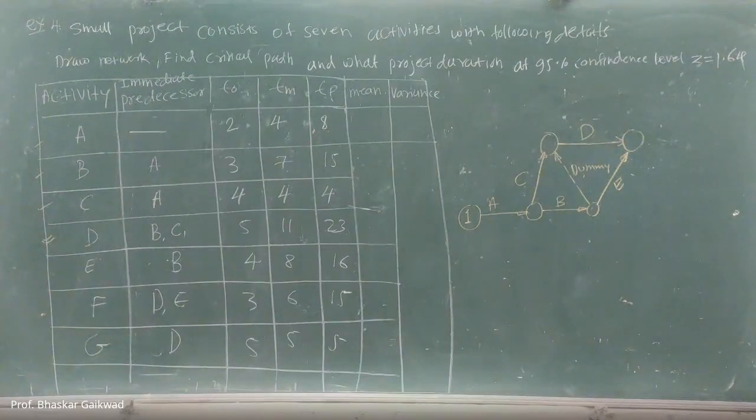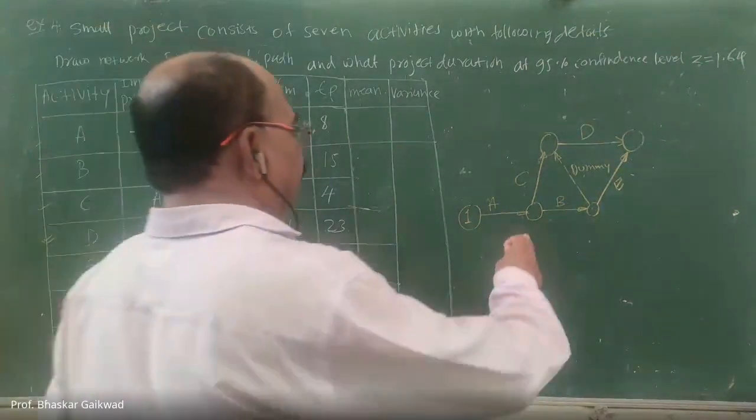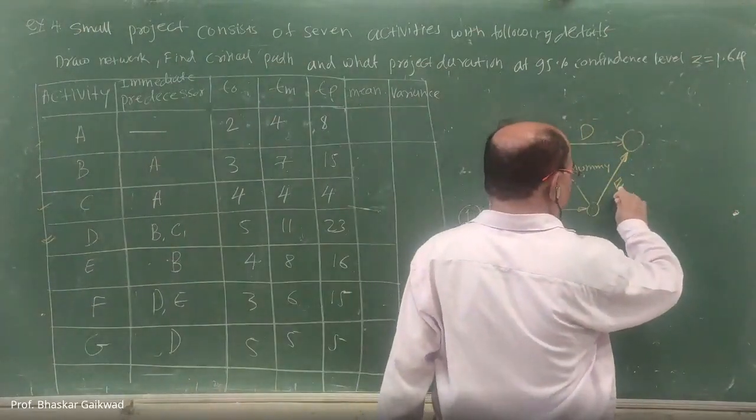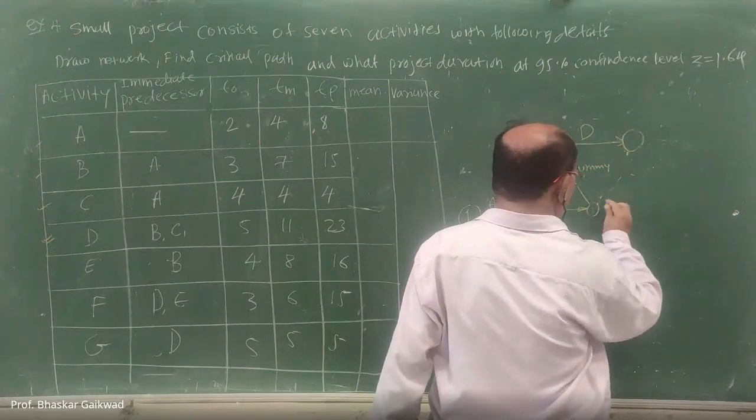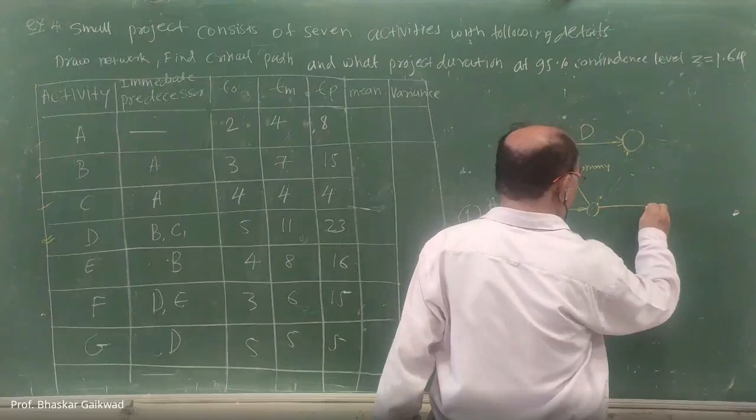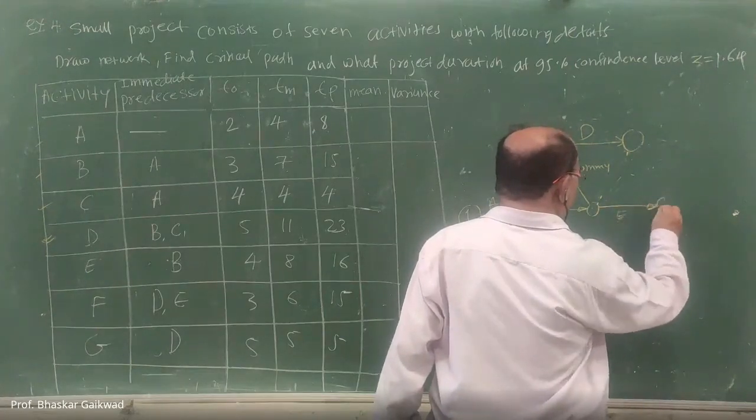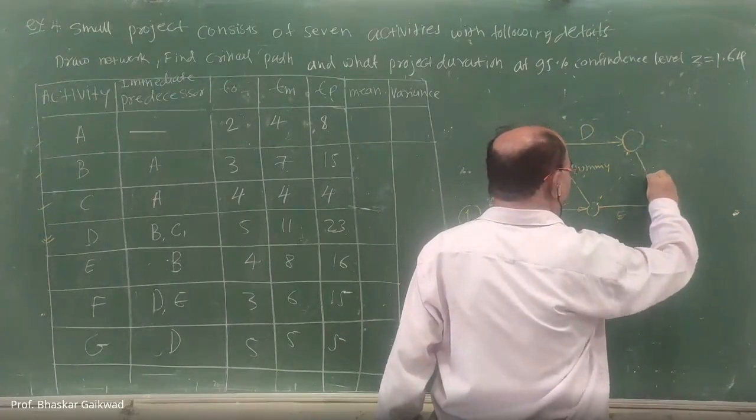We will start from E, F will start from G. So instead of joining this, what we have to do? Instead of making E here, we have to make E this way, and we have to make a dummy activity here.